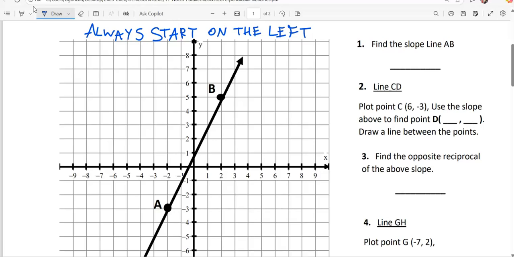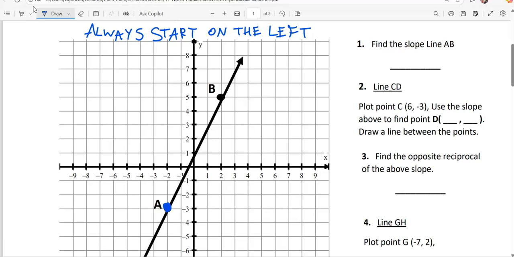Okay, not Hebrew, not Japanese, nothing else, no manga. Okay, we're talking about left to right reading. Just like you read from left to right, you do slope from left to right. So when I see these 2 points, I'm going to start on the left. This is the furthest left point, point A. Okay. If I'm going to find the slope, I'm going to count the rise over run.